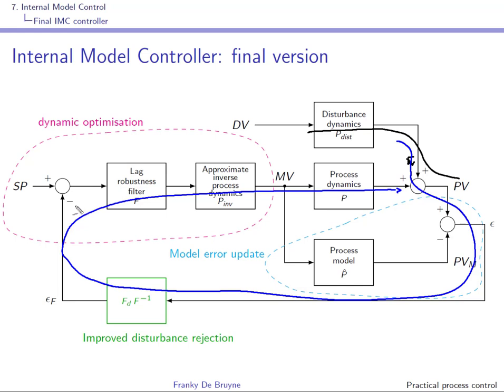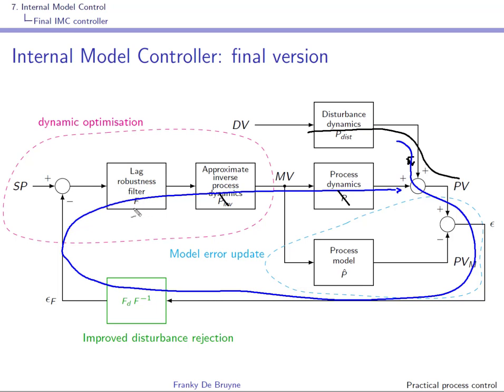So okay, from a sign point of view, everything is correct. So we would like to have that in this chain here, the transfer function is approximately 1, right? So what you can say is that this approximate inverse will approximately compensate the process dynamics. So here we can, in approximation, cancel out this one, right?